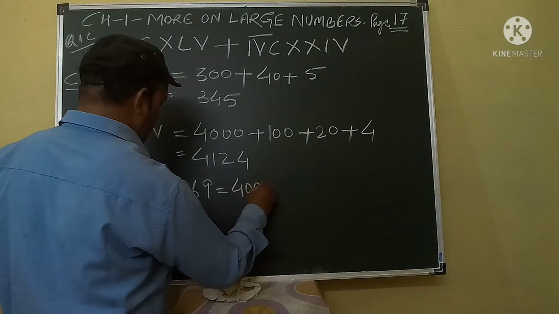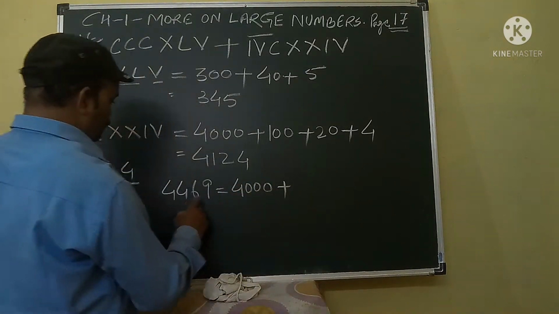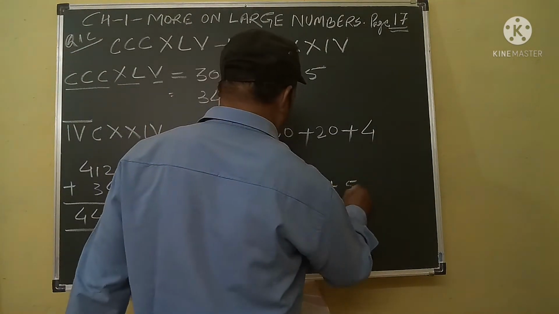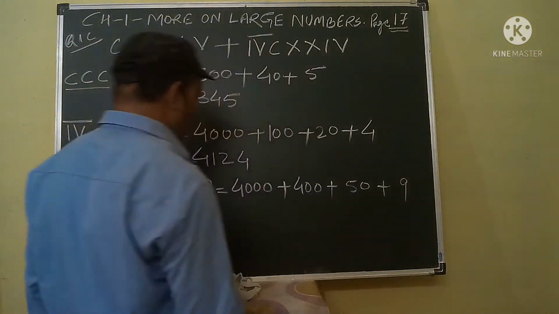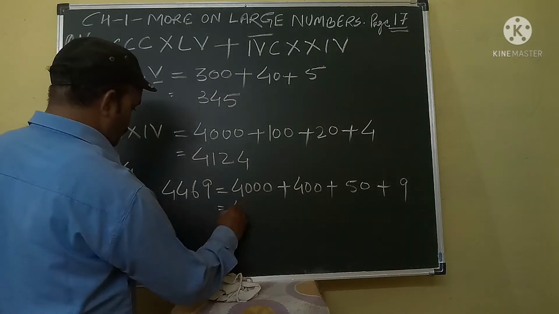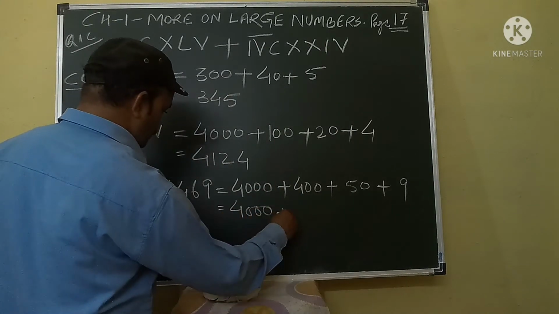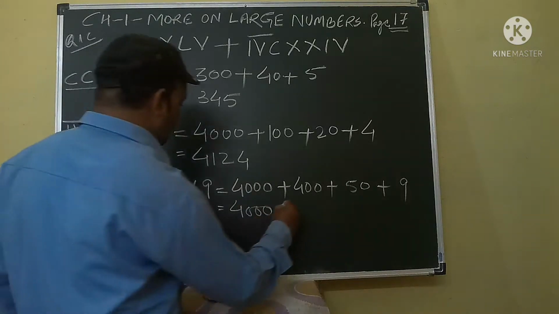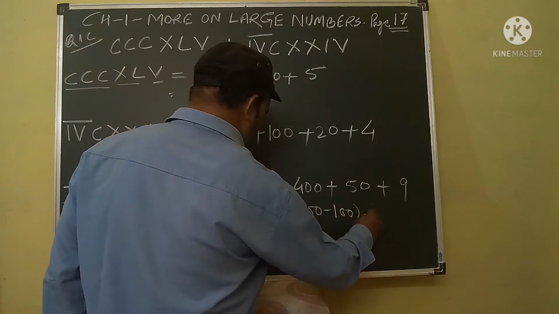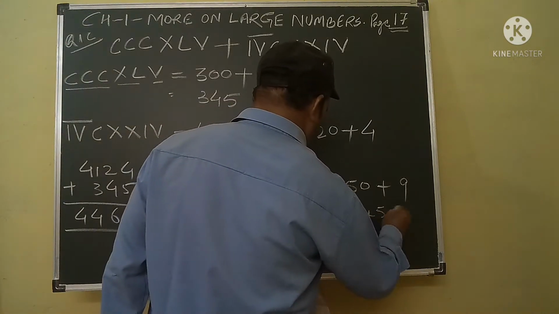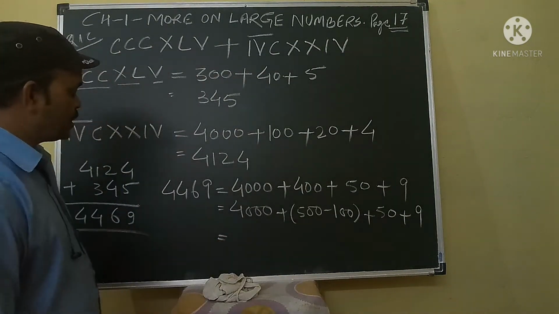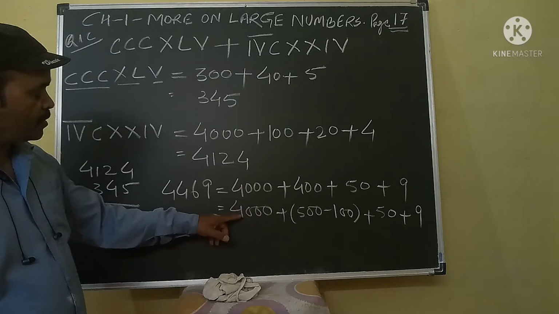This is 4000 plus 469. 469 means 400 plus 50 plus 9. So 4000 plus 400, you can write 500 minus 100, plus 50 plus 9.